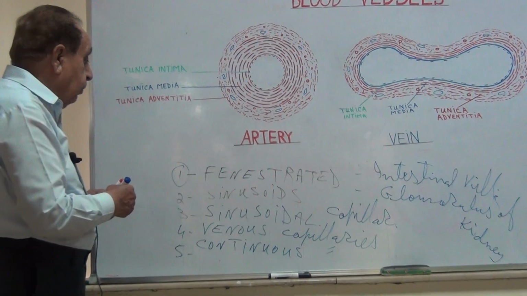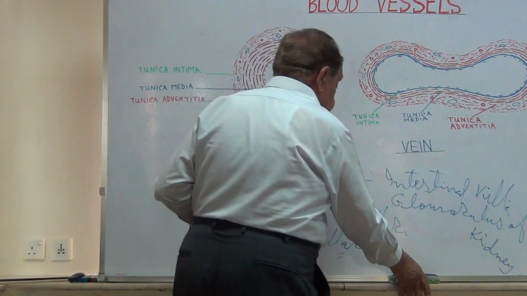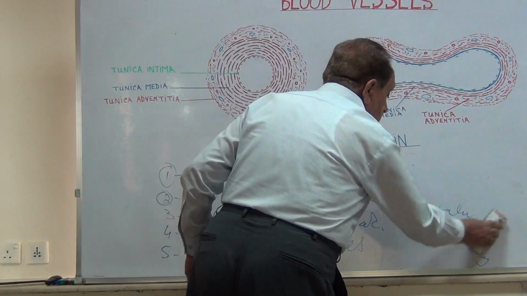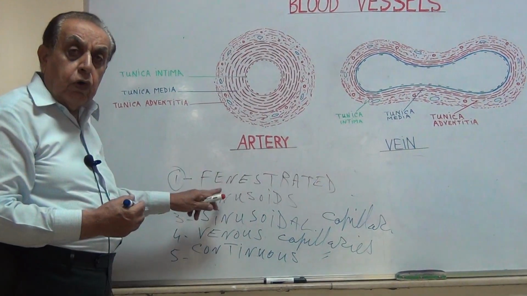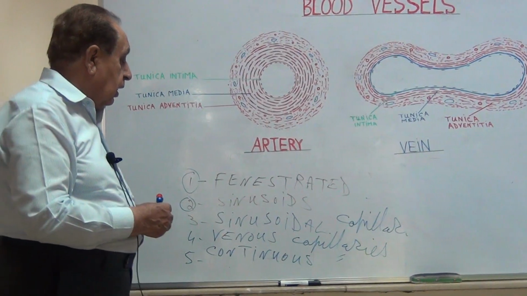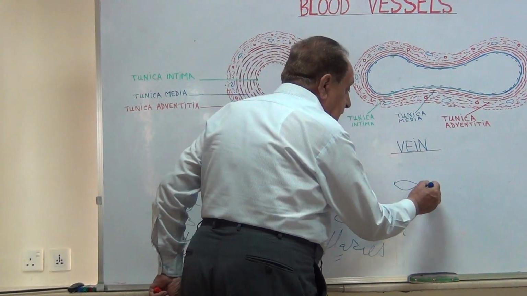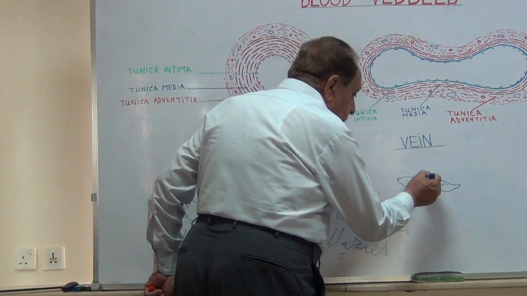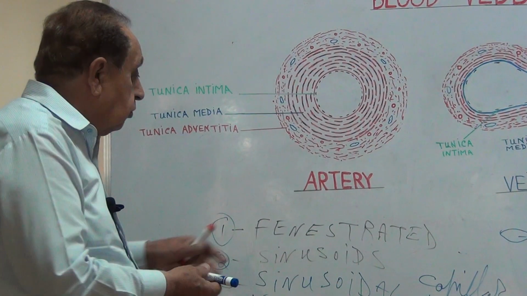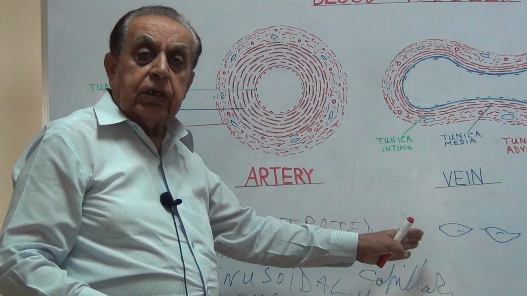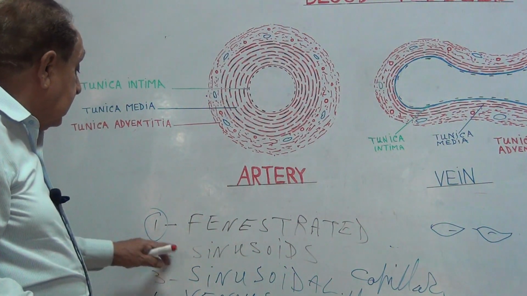The second type is the sinusoids. These capillaries also have pores in their endothelium, and they have gaps between the cells called intercellular gaps.